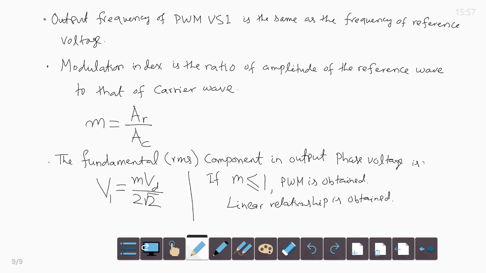Linear relationship means output voltage V1 is directly proportional to modulation index M. If the modulation index is greater than 1, which is called over modulation, then sinusoidal PWM is not obtained, so this linearity is lost.